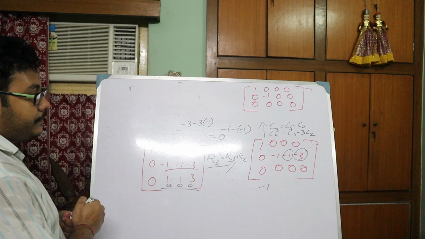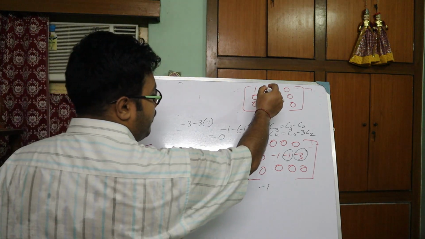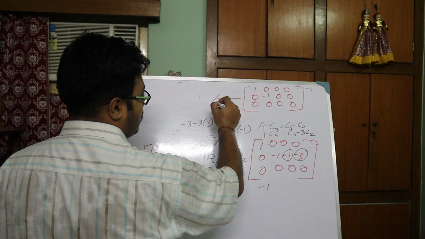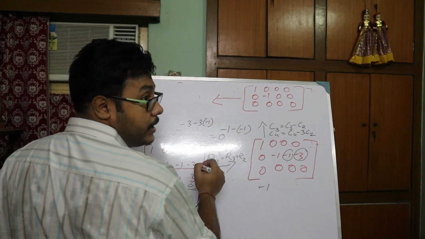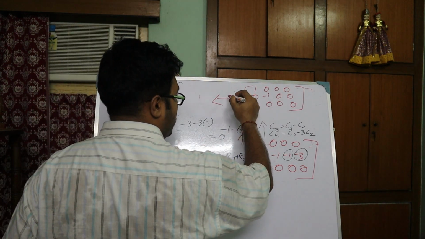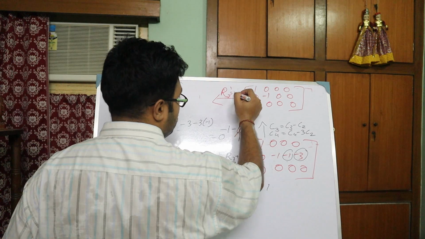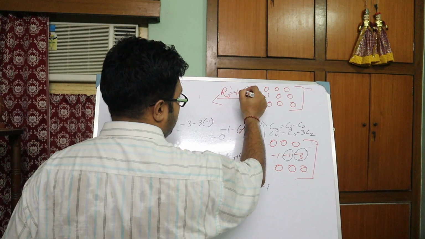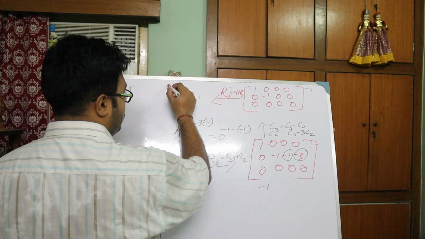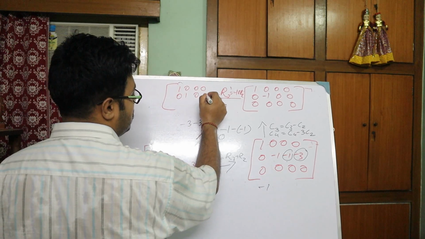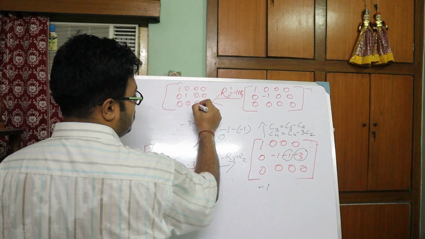Now I will multiply the second row with minus 1. This is the elementary transformation, R2 dash is equal to minus 1 into R2. So what we get here is 1 0 0 0, 0 1 0 0, 0 0 0 0.